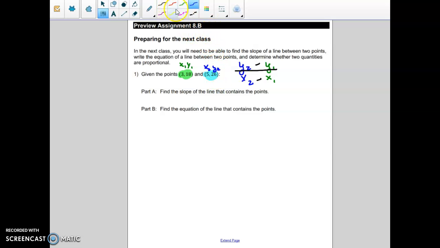So part A, let's go ahead and substitute in. It's y2 minus y1, so that'll be 26 minus 18, and that'll be over 5 minus 3.